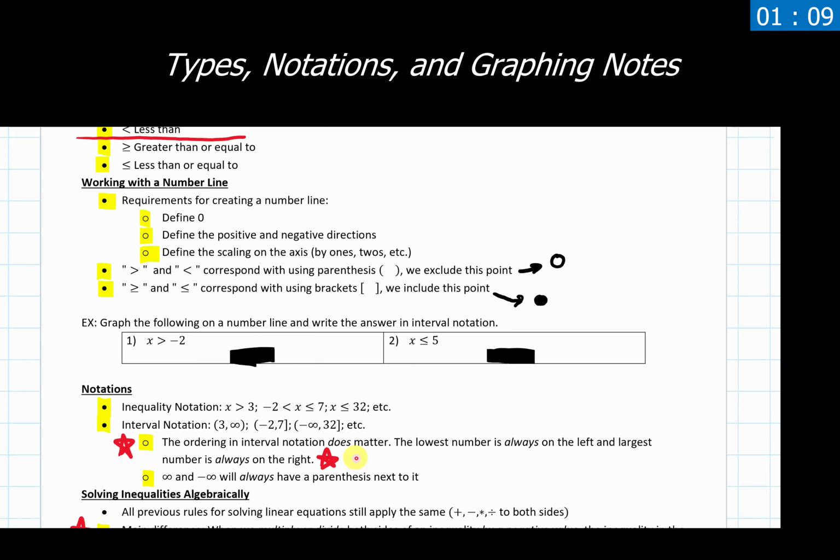Last but not least, before we dive into these examples, a positive infinity and a negative infinity will always have parentheses next to them. It doesn't matter which side of the interval notation, I should say, we're working with, that is always going to have a parenthesis next to it. The reason for that is that we are excluding the point infinity or negative infinity, because we can never actually reach either of those two numbers, because infinity and negative infinity aren't numbers.